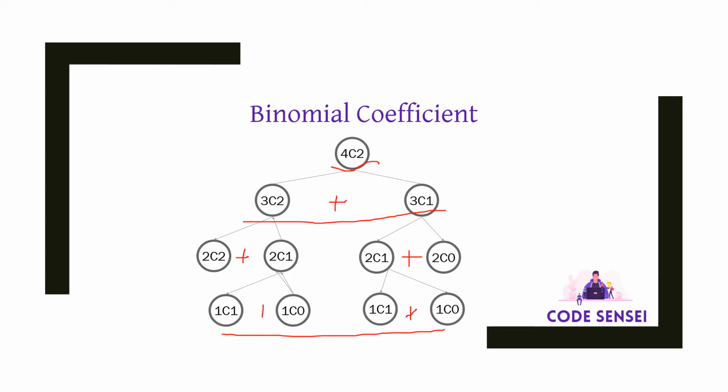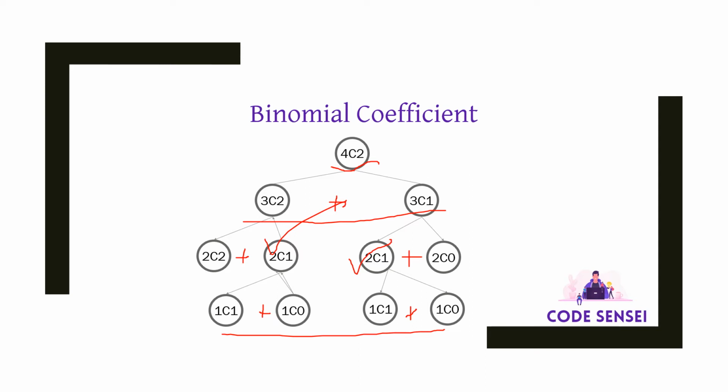So, can you see here, there are some cases that are repeating. For example, 2C1 is repeated here and here, right? So there are duplicate cases in our recursion tree.